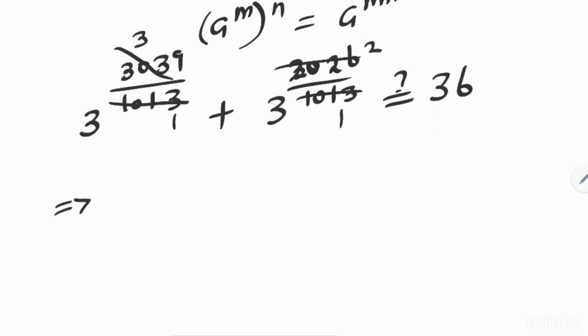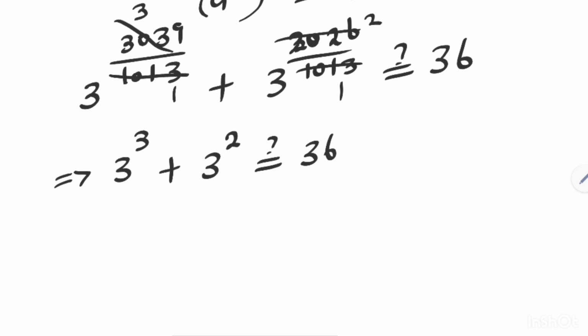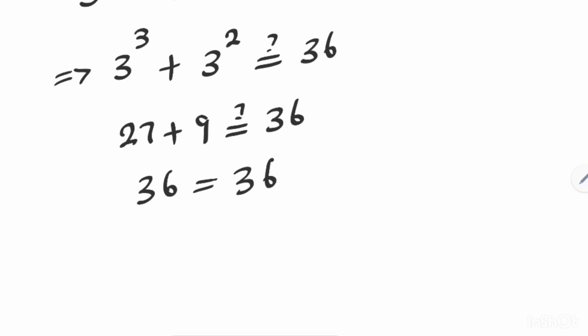Then this is 3 raised to power 3 plus 3 squared must be equal to 36. 3 raised to power 3 is 27, plus 3 squared, 9, must be equal to 36. 27 plus 9 is 36, which is equal to 36, meaning that the left hand side is equal to the right hand side, which is true.